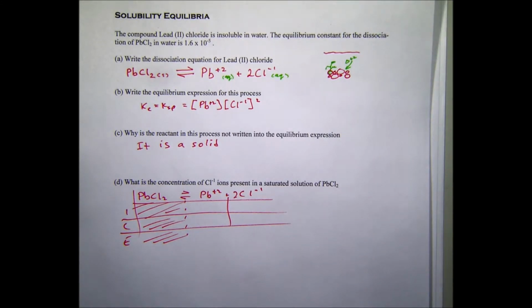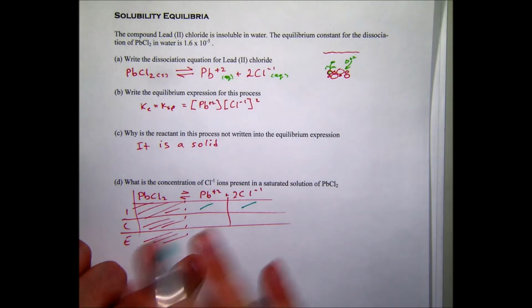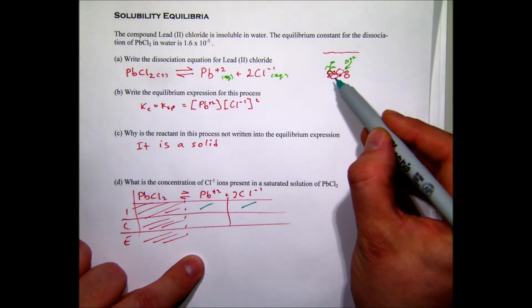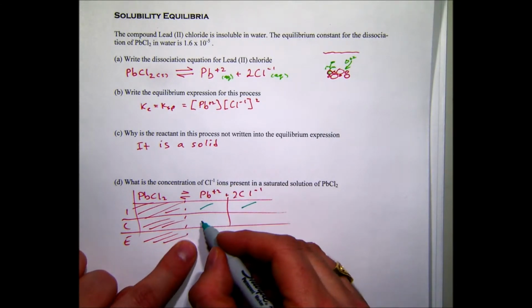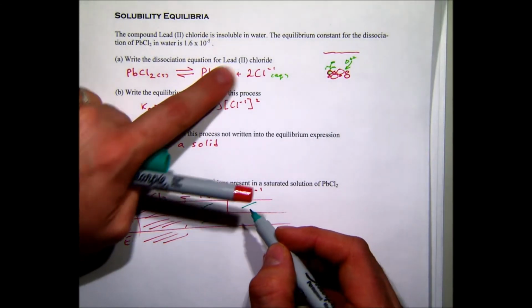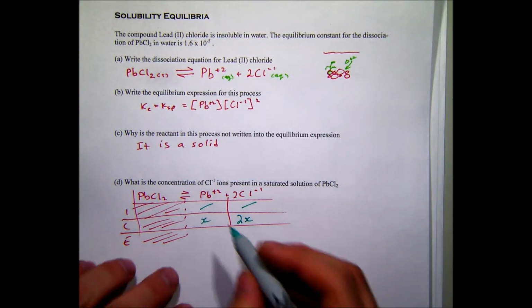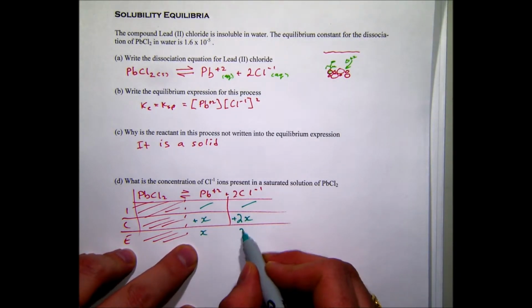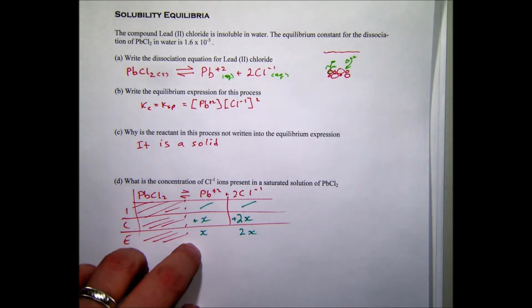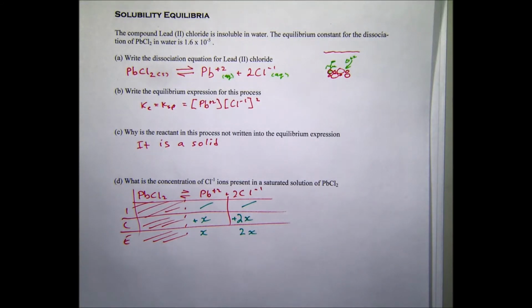So the concentration of lead and chloride, when we start, is nothing. We've dissolved some of this lead chloride in solution, and now it's starting to form ions. Well, the stoichiometry says that for every 1 mole of lead, there must be 2 moles of chloride. We know that these are being produced, so they're positive, and we write x and 2x in our equilibrium line. Starting from 0, plus x, starting from 0, plus 2x, and I think we should be good to go.